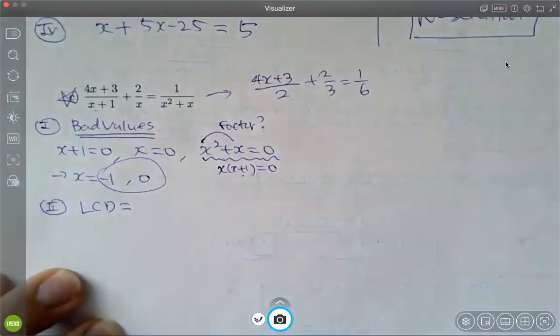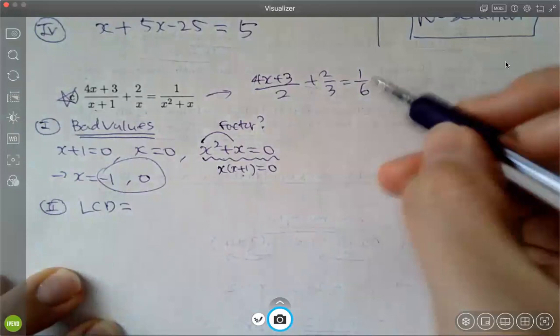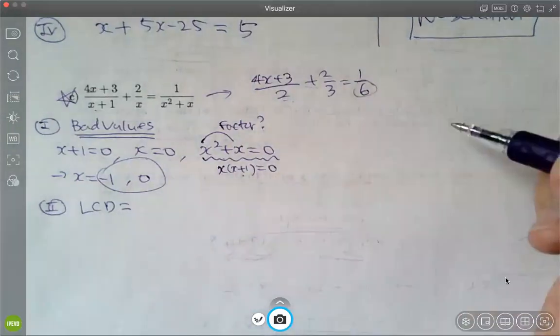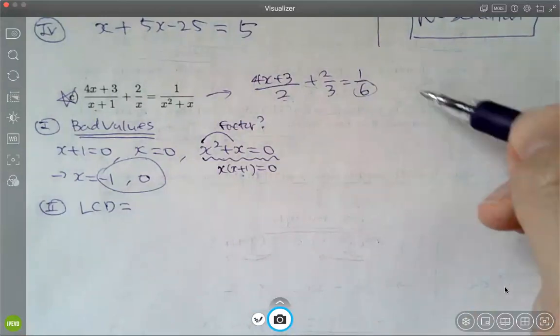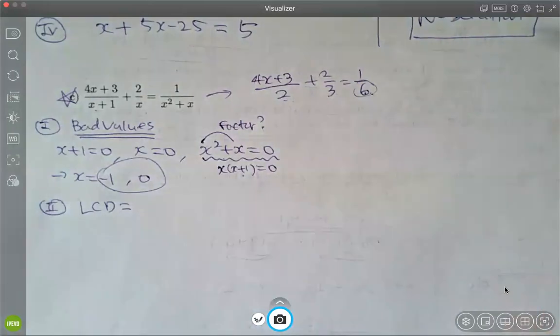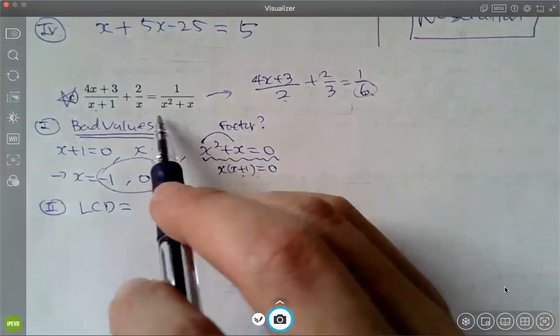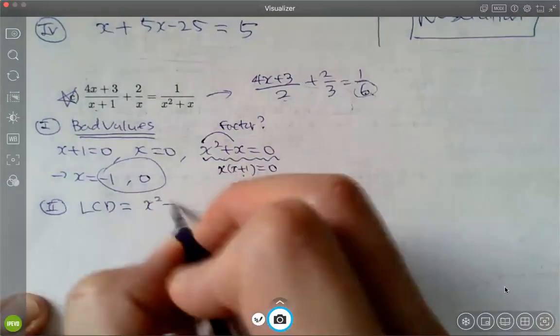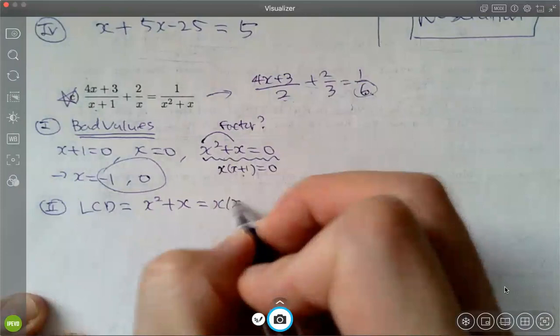Do you see why? Because the third denominator is the product of the first two. And for this equation, you can easily see 6 is the LCD, because 6 contains 3 and 2. Same thing right here. So the LCD is x squared plus x, or x times x plus 1.